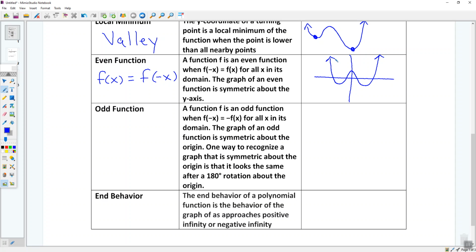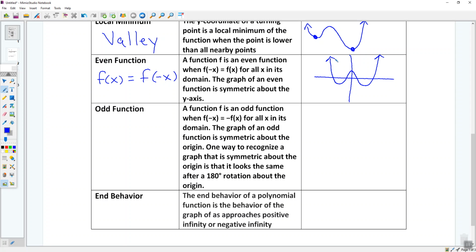Guys, if I folded that right on the y-axis, and I did the best I could to sketch it, you could get the idea, but is there a line of symmetry to that? Yes. Okay, where is that line of symmetry? If the y-axis is a line of symmetry to a graph, then that function would be an even function.